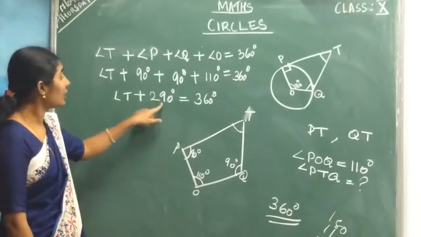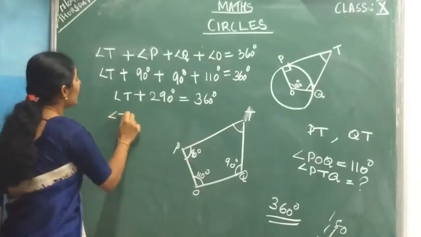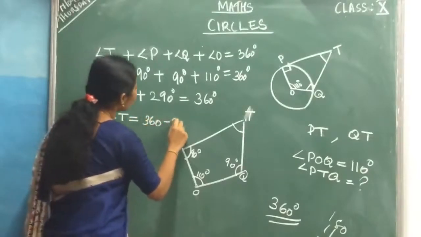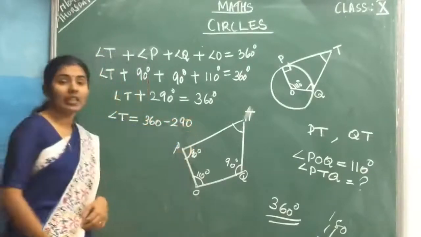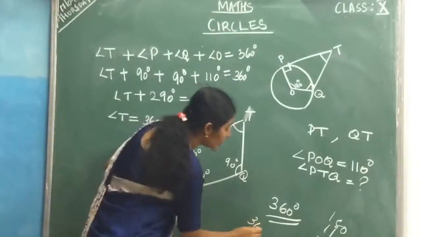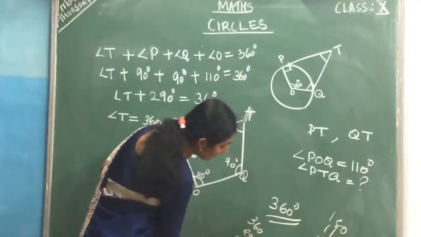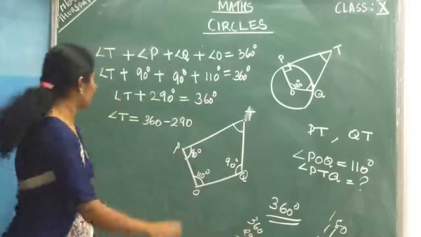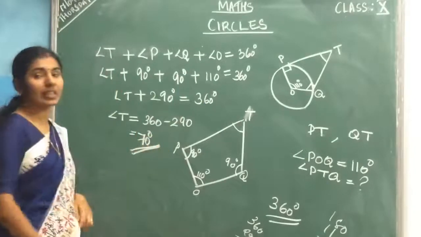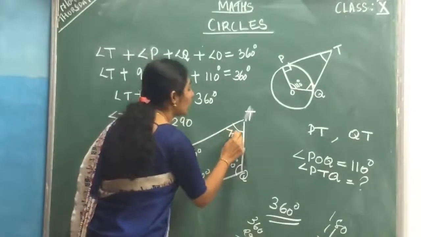Now how will you find angle T? Shift 290 degree to the right side. So what will you get? Angle T equal to 360 minus 290. When you subtract 290 from 360, you will get 70 degree.